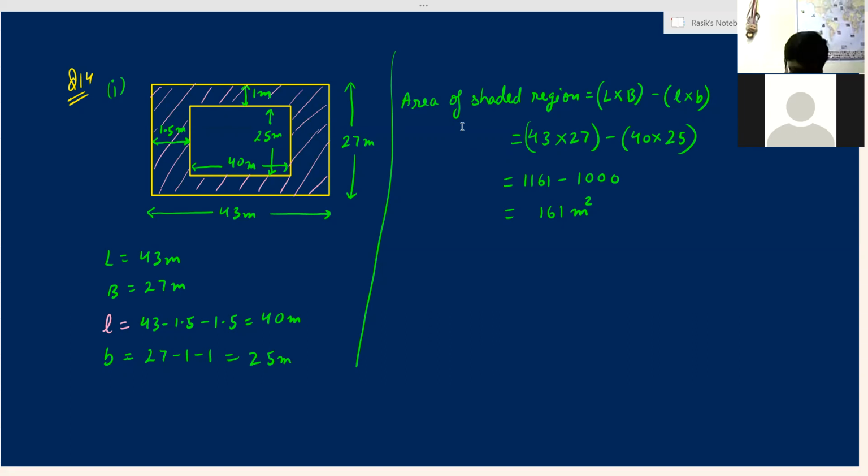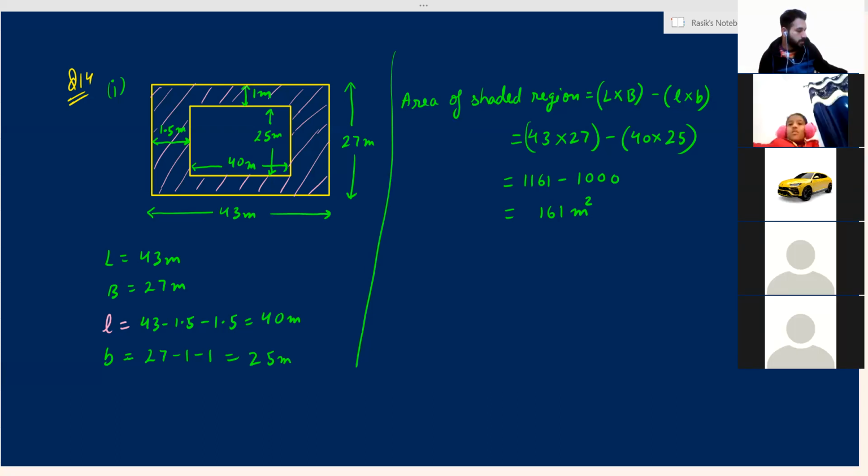In question 14, second part, you have to find the area of the shaded region. What to do? Tell me, all of you.